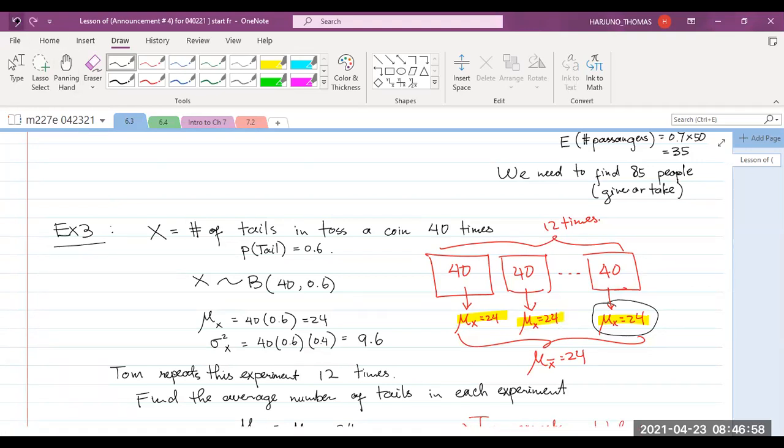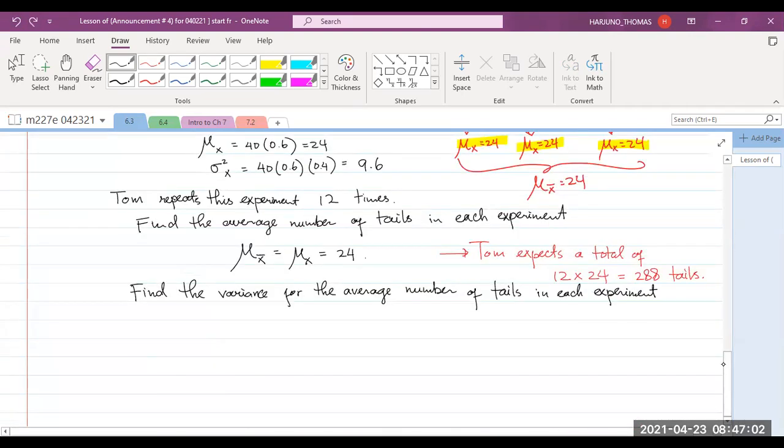Okay, now because of that, the variation will be much less, and the variance for the number of tails in each experiment will be the original variance divided by n. In this case, the original variance 9.6 divided by 12.